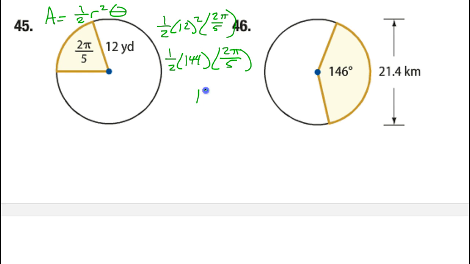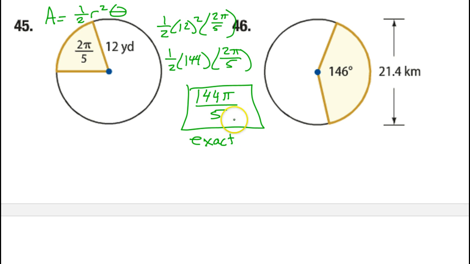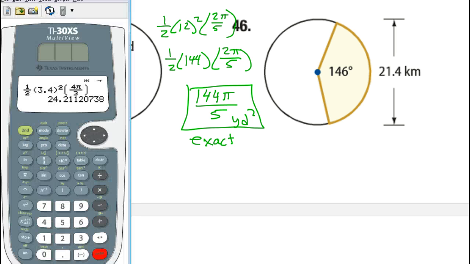Then I'm just going to be left with 144 pi over 5. I'm just showing you what you would have to do if they had asked you to find this exact. This would be an exact answer, in yards squared. But we're doing this nearest tenth thing, so let's keep going.